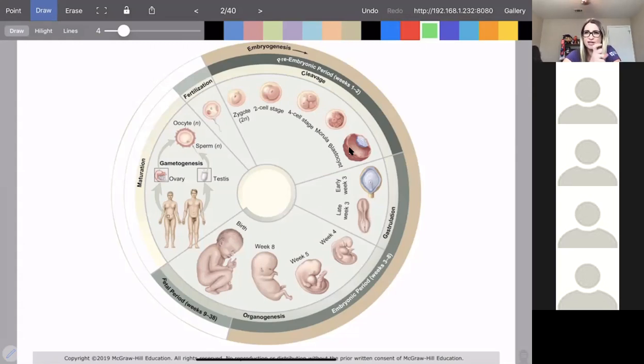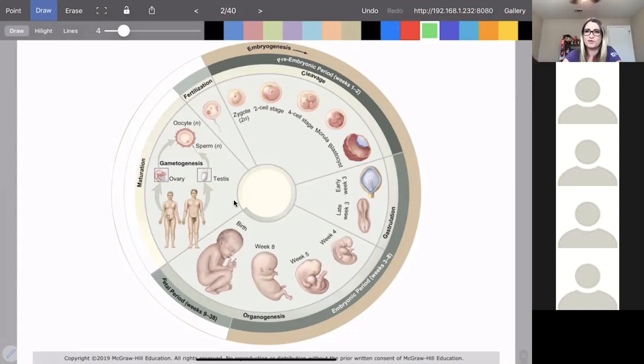So it seems like there is a very short window for a woman to get pregnant, but that's where the longer lifespan of the sperm comes into play. Because the sperm has a longer lifespan, if it's already there when the oocyte is released or ovulated, then pregnancy could occur.